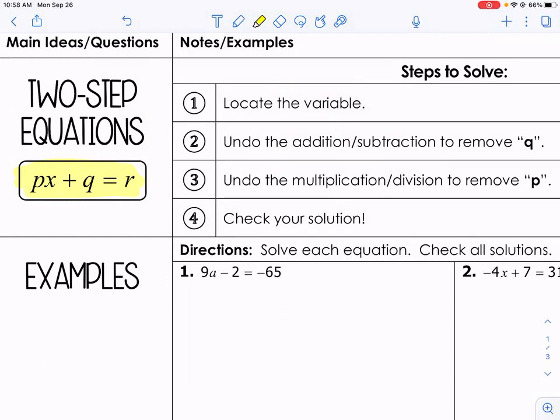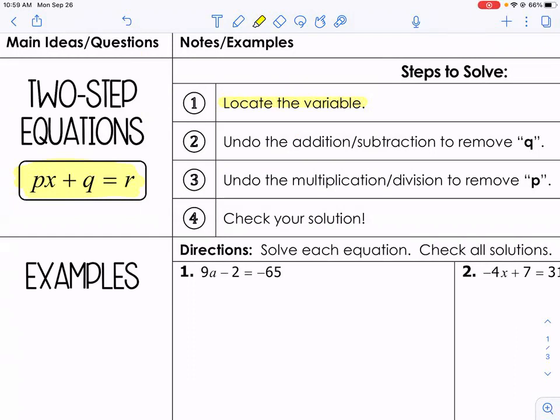Okay. And when we solve these multi-step equations, we almost need to do like reverse PEMDAS. Okay. So just like before, you're going to want to locate the variable. Okay. And I think it's going to be helpful for us to circle it or put a little square around it so we know that that's what we need to get by itself.